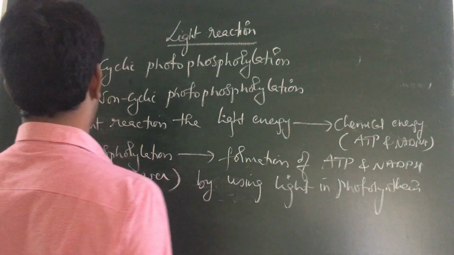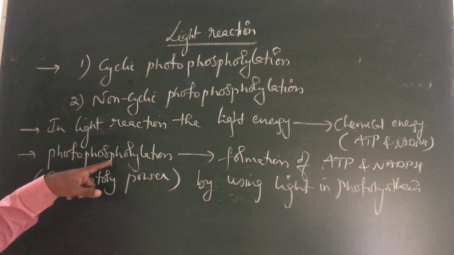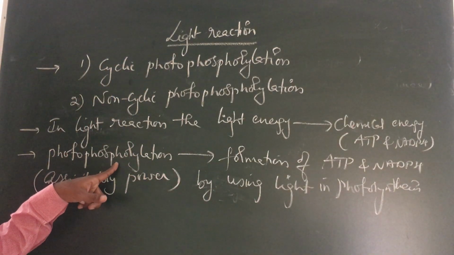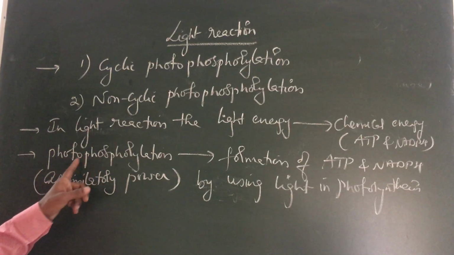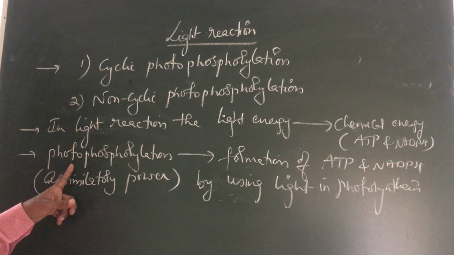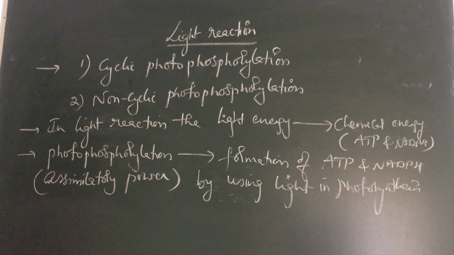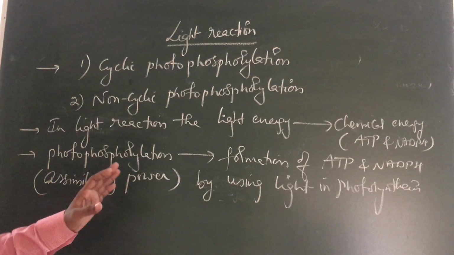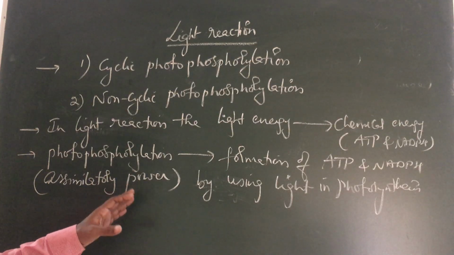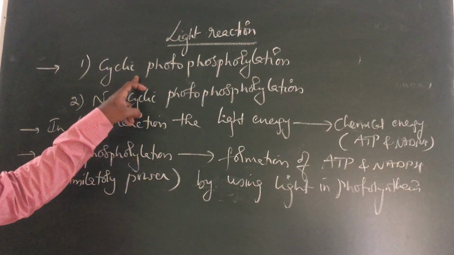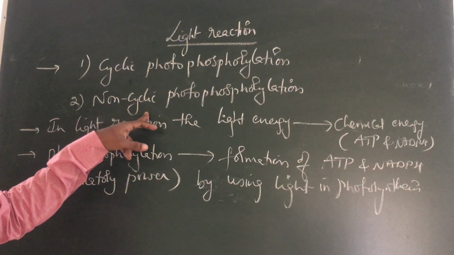Photo means light, and phosphorylation means synthesis of ATP or energy. So in the presence of light, energy is produced. We call it photophosphorylation. Such a phenomenon we see.